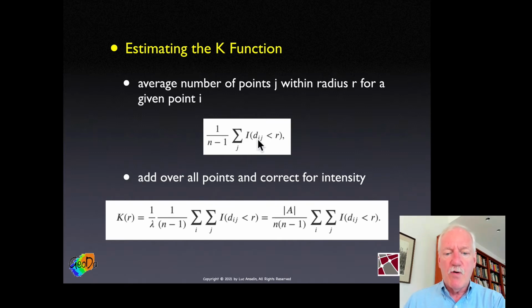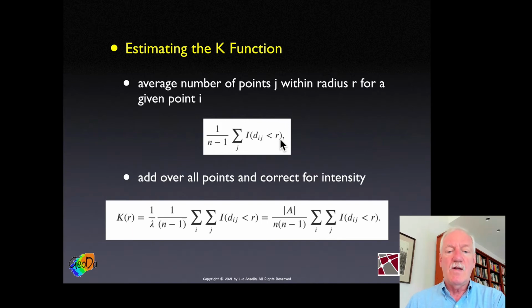So what is the average number of points? We have a focal point i. We sum over all the j's. I, this capital I here, is an indicator function, which means that if this condition holds, we count it. If it doesn't hold, we don't count it. So if for any given point j, the distance d_ij is less than our cutoff distance r, then I(d_ij < r) is 1, and we count it.